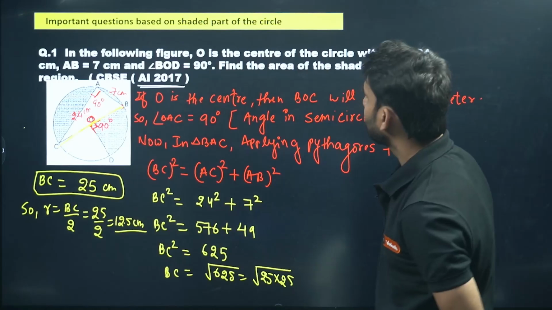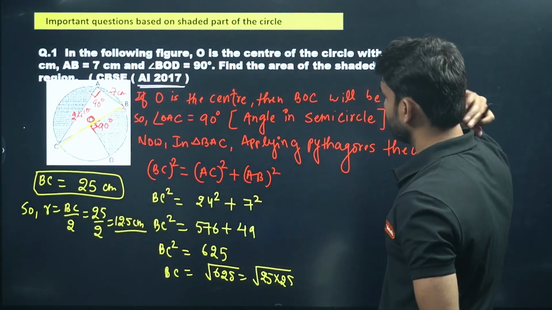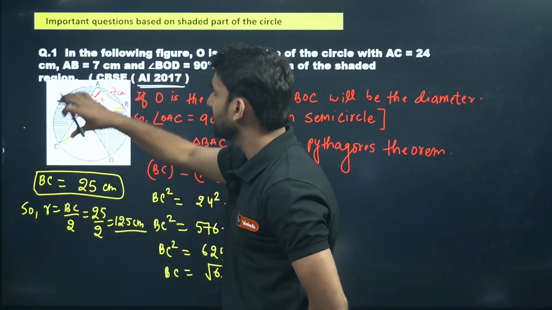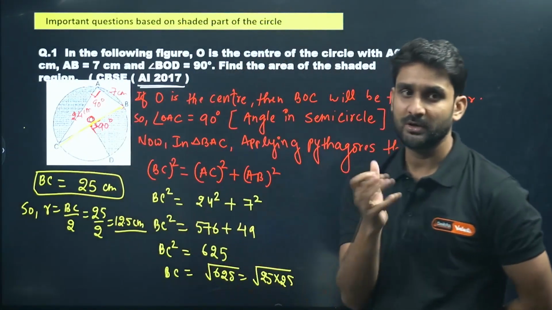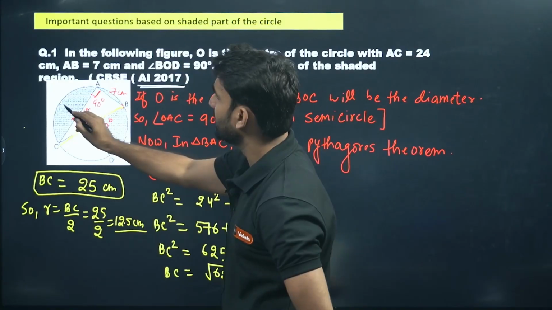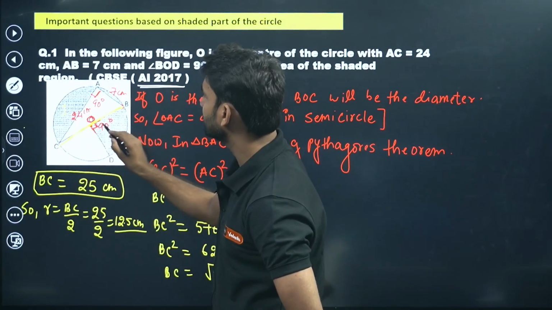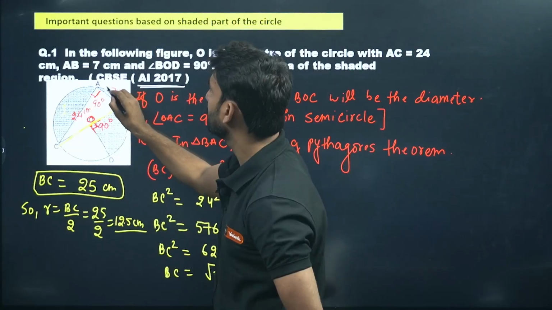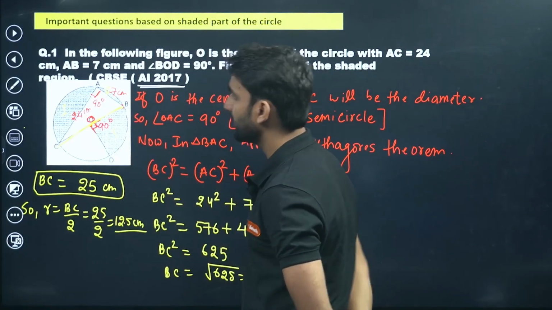Now find the area of the shaded region. So look at how we can write the equation to calculate the area of the shaded part. You can see this shaded part, I'm writing 1, 2, 3. This is 1, this is 2, and this is 3 shaded part.